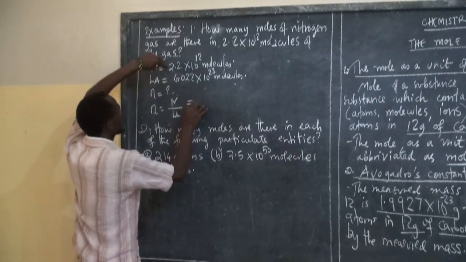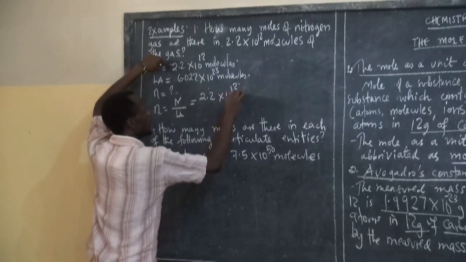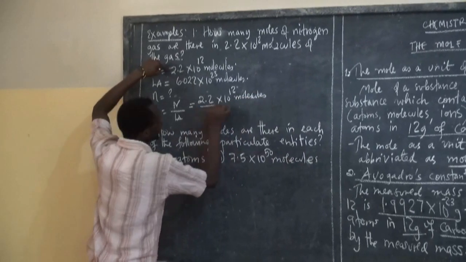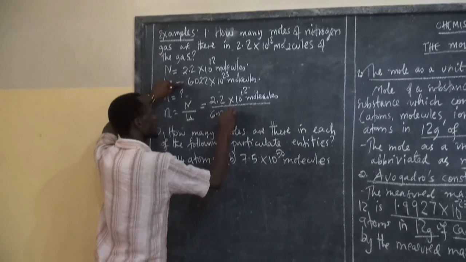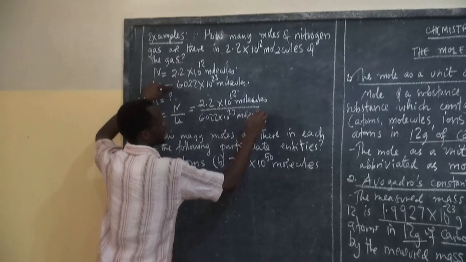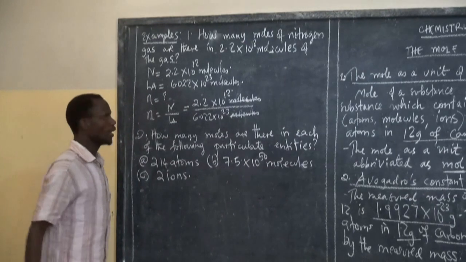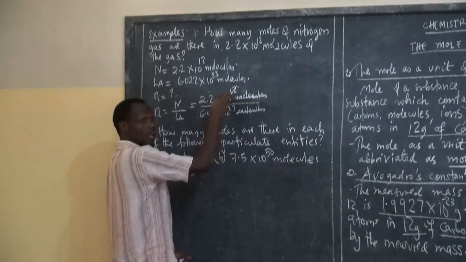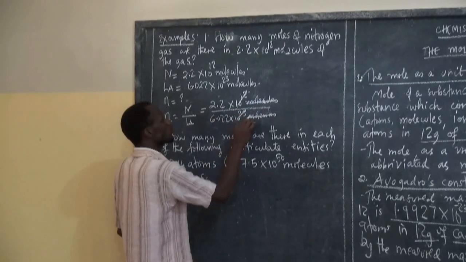Then, number of molecules we have, it is 2.2 times 10 power 12 molecules, over Avogadro's constant 6.022 times 10 power 23 molecules also. Mathematically they cancel out. Then we start simplifying. Mathematically this and this, then we remain with 10 power 12 over 10 power 23.